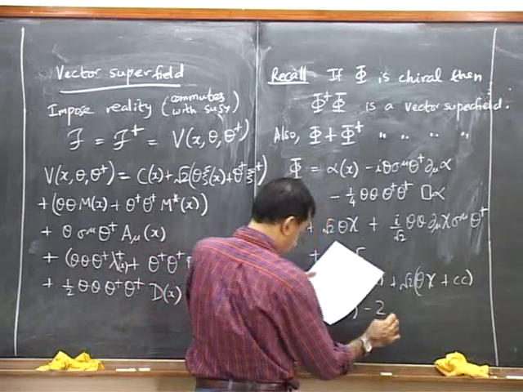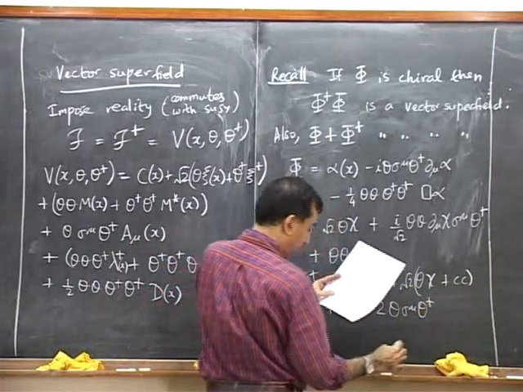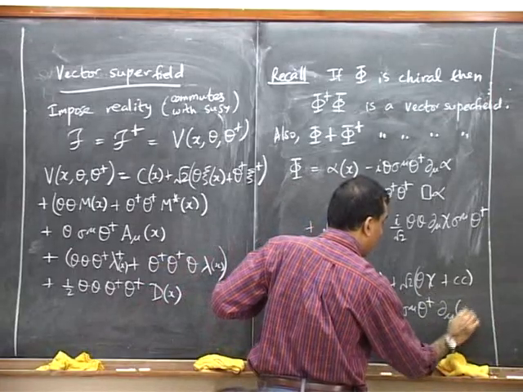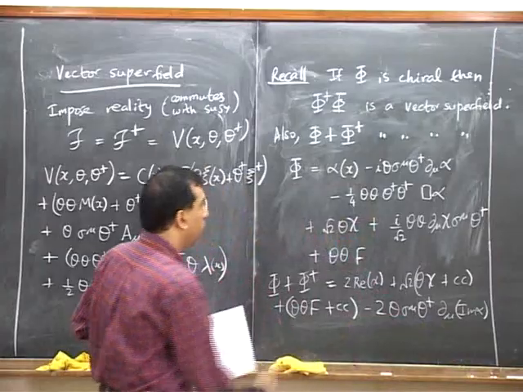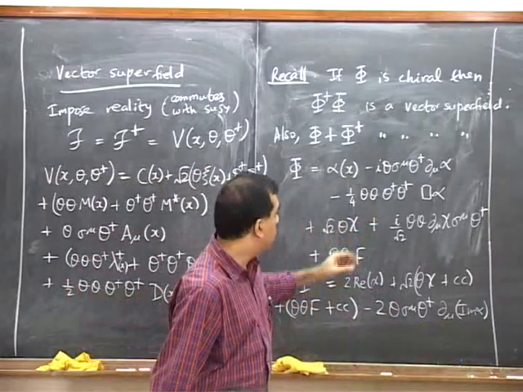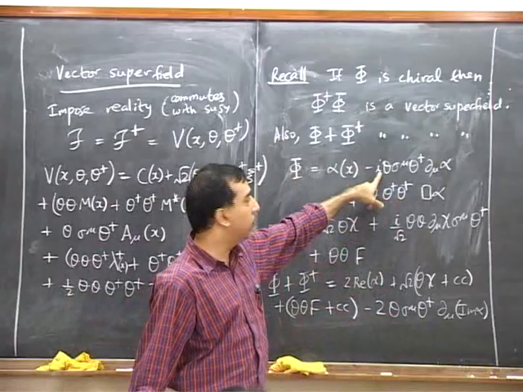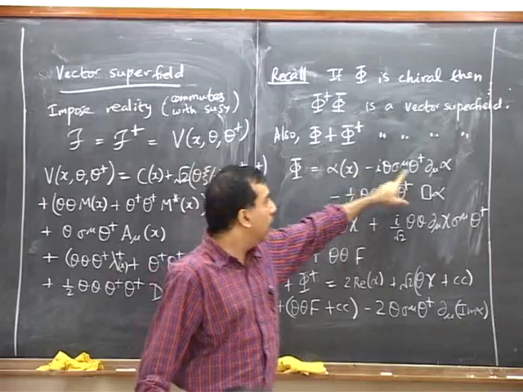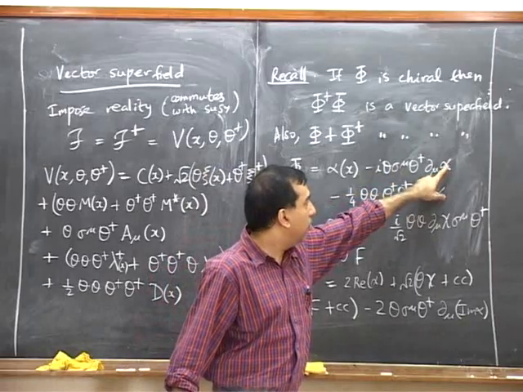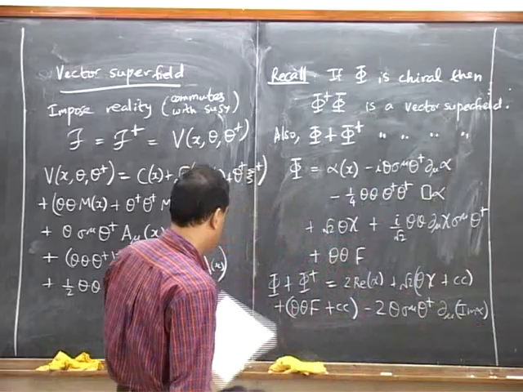Now here's an important term, twice theta sigma mu theta dagger del mu of im alpha. Because we take this term which has an i, in phi dagger, the same term occurs with the opposite sign because of that i, and therefore instead of getting the real part of alpha, we end up with the imaginary part of alpha.